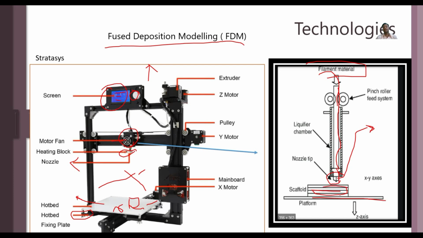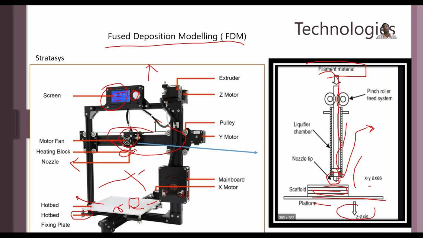This scaffold will be the already printed layers on the platform. X and Y directions will get moved. As the material is getting built, this complete part will go in the upward direction.